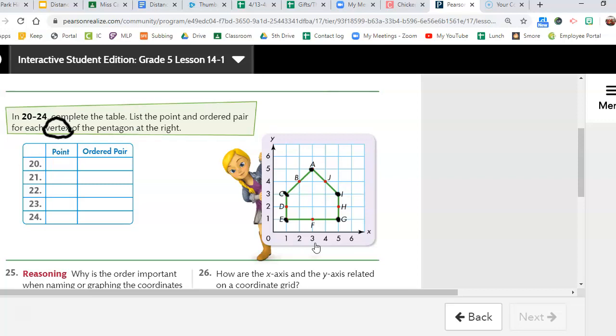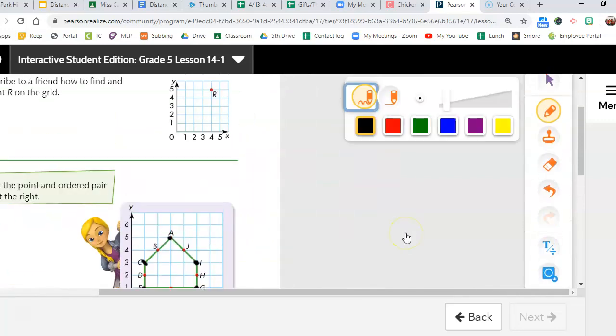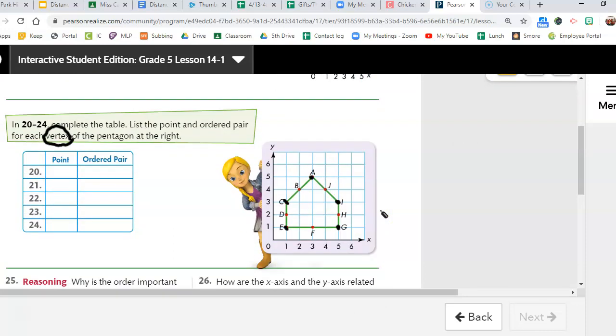So I'm going to go back over and I'm going to make my pen thinner. Okay, so our first point, let's start with point A. To get to point A, I'm going to go over 3, and then I'm going to go up 1, 2, 3, 4, 5.